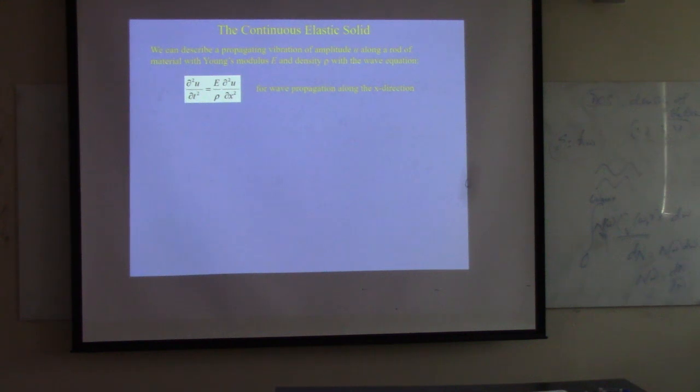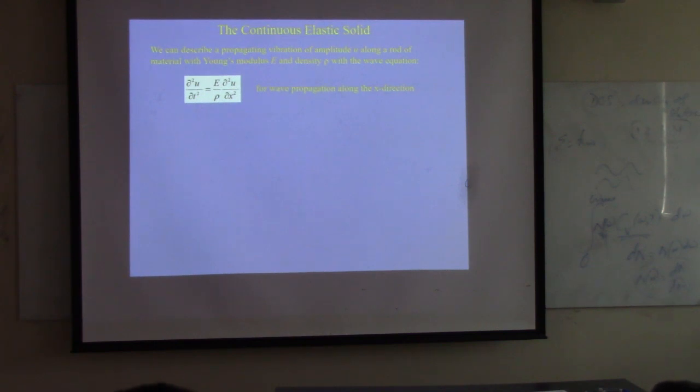Stress I can write as force divided by area. So what is strain? It is delta c over delta x, right? The ratio between these two is the Young's modulus.